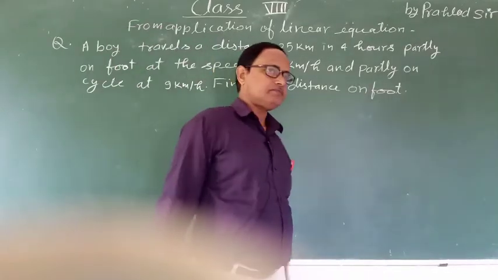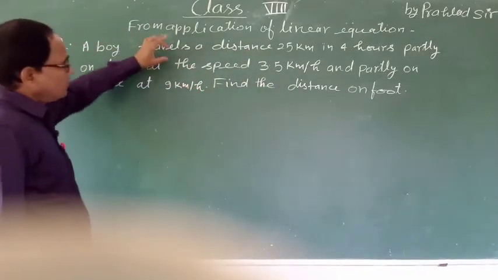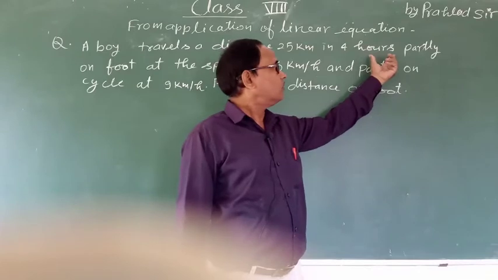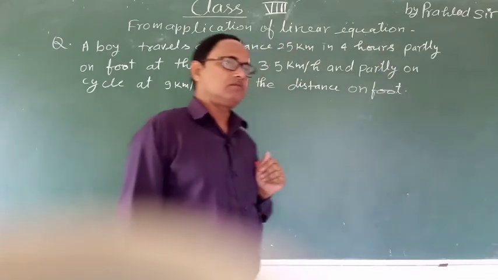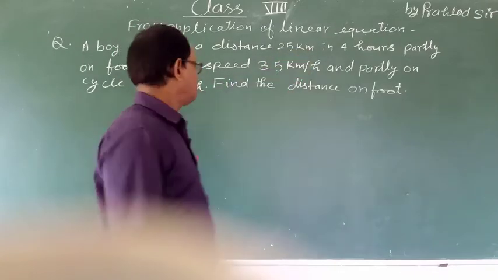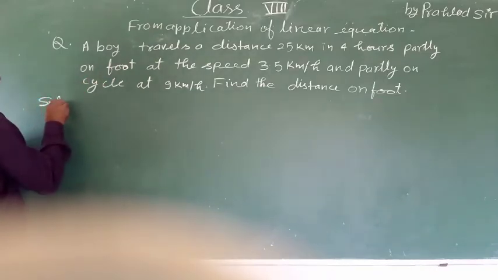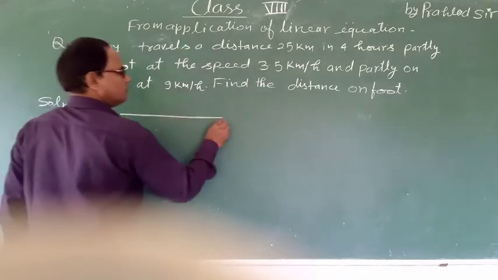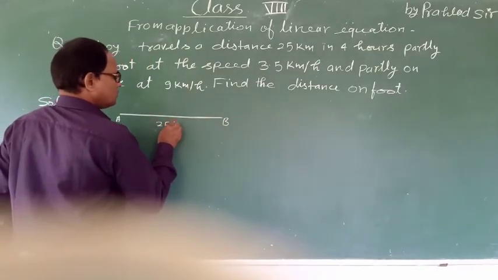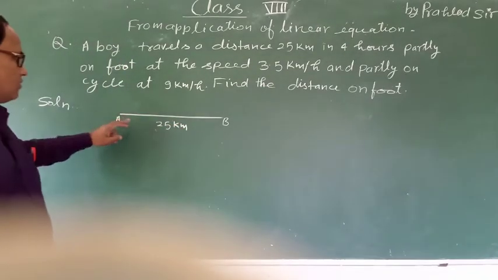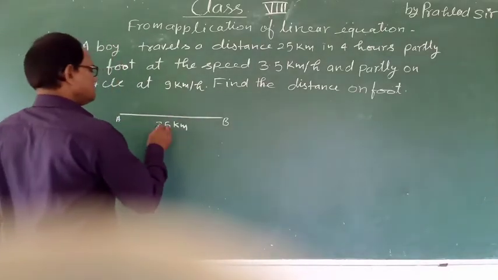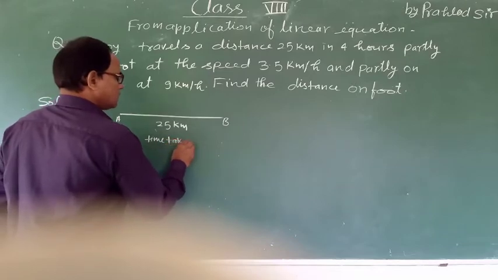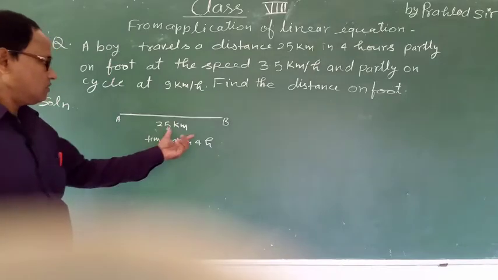Find the distance covered on foot. Here a boy covered a total distance of 25 km from A to B, taking a time of 4 hours.